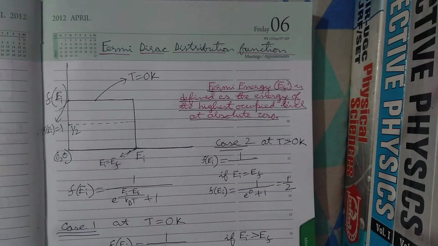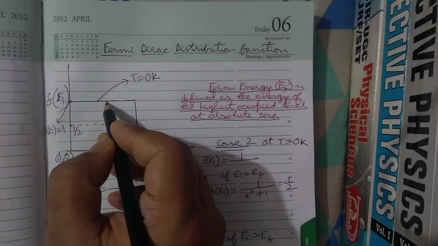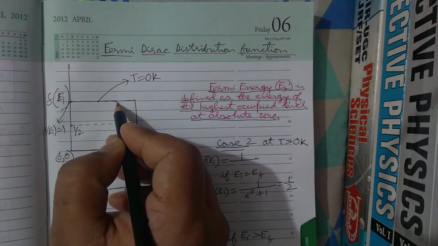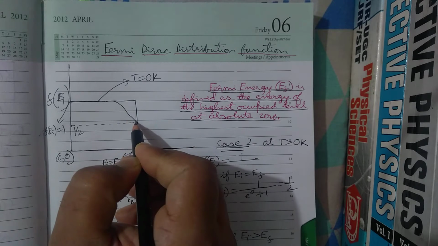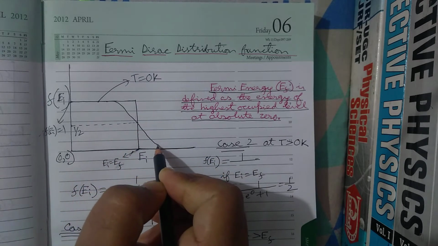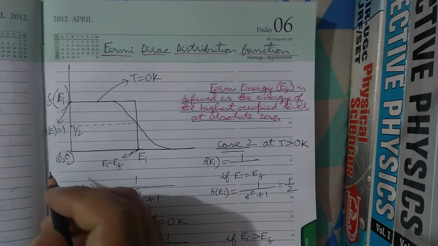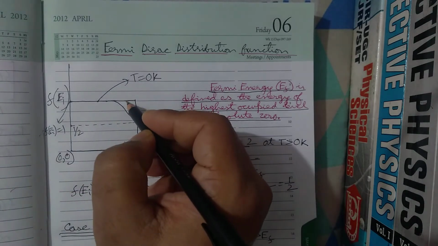Let us take a temperature T1 which is greater than 0 Kelvin. How will the graph look? Now it will be like this.